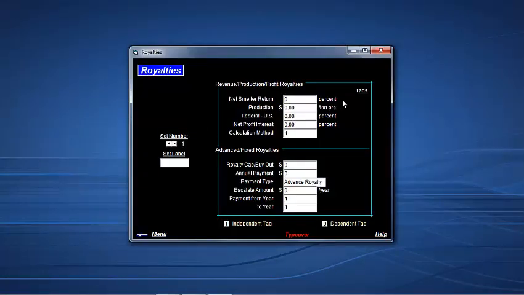Royalties are also available in the program. You can define net smelter return royalties, production royalties, federal royalties in these cells here. And advanced fixed royalties can be defined and entered into the analyses through these cells.